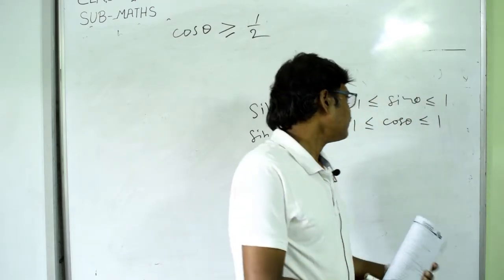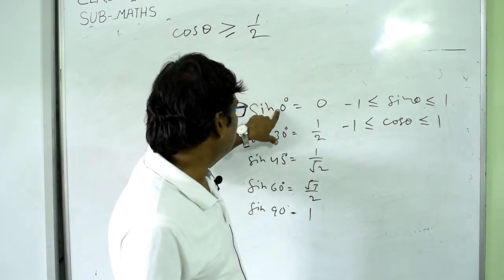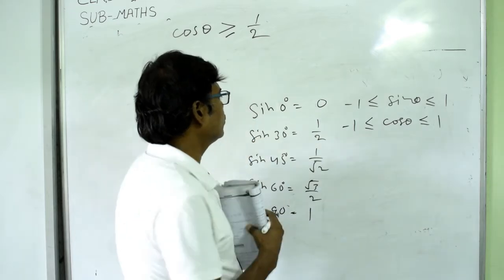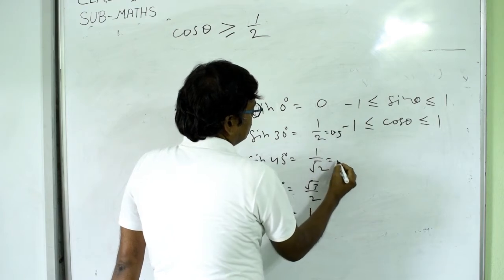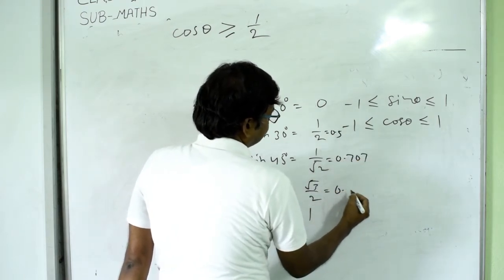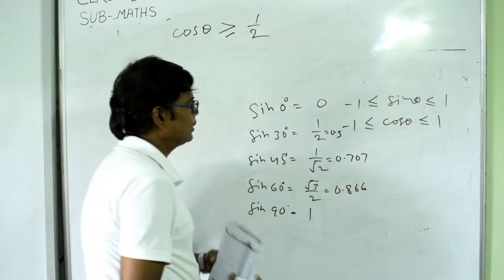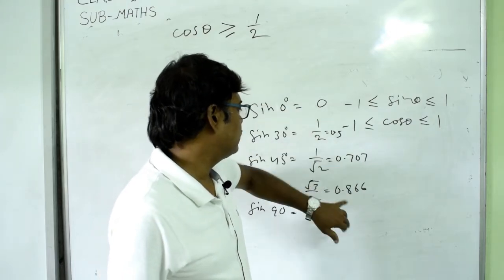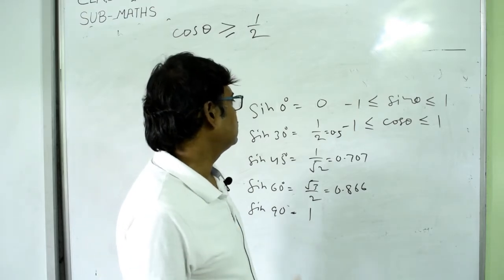Now see that when we increase the angle, the sine of that angle also increases: 0, then 1 by 2 which is 0.5, then 0.707, and then 0.866 I think, and so on. So the value is increasing.